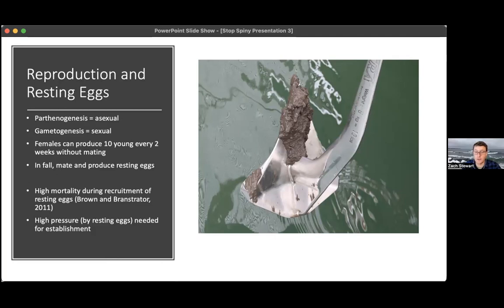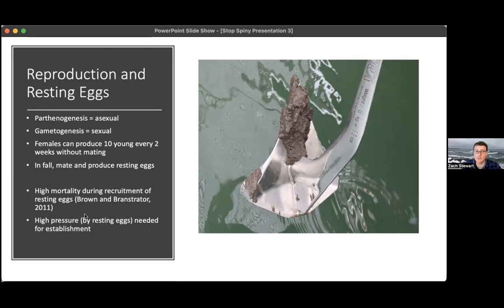So, the clump of mud pictured on the right here on this boat anchor could potentially contain a lot of spiny water flea eggs. This is why you'll hear a lot of us AIS prevention types harping on cleaning water, but also cleaning mud or sediment off of equipment before we move it to a new lake.